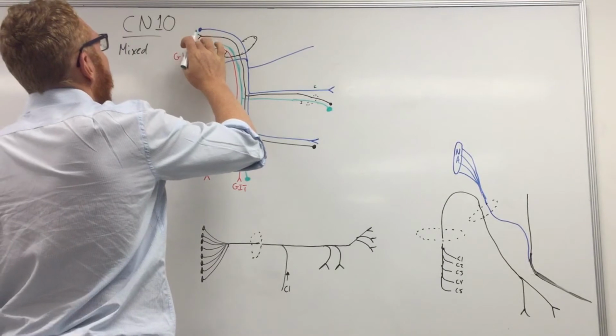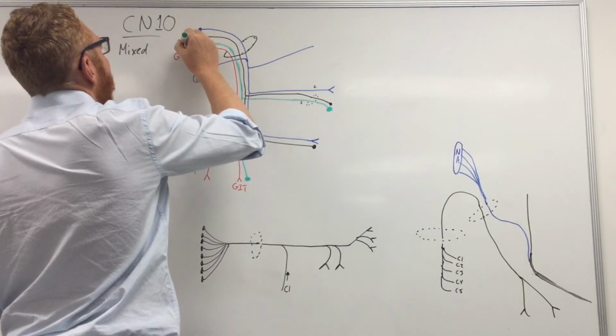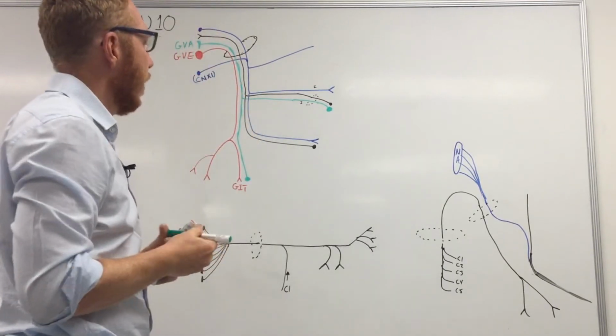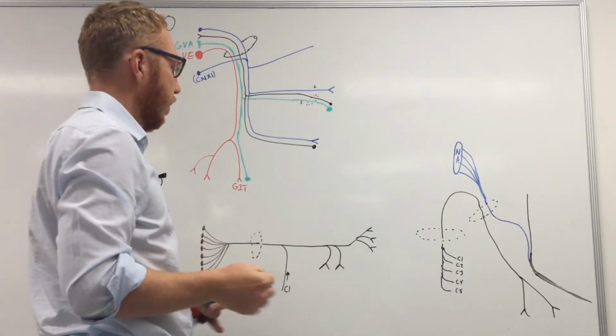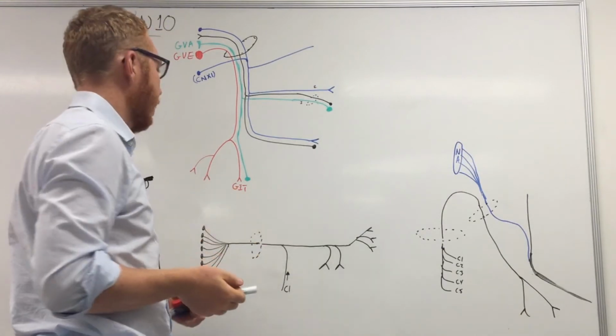And this is going to be general visceral afferent. So down here it's just bringing visceral sensory up from the GIT, heart, lungs, etc.